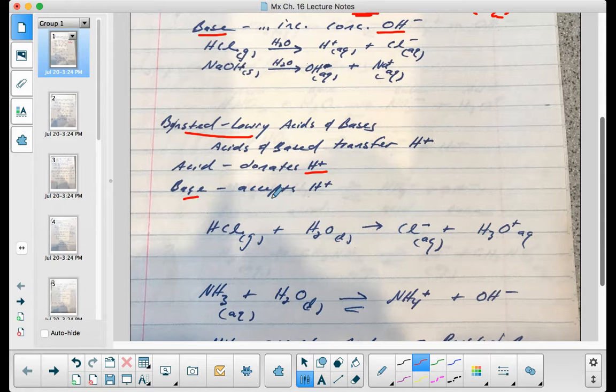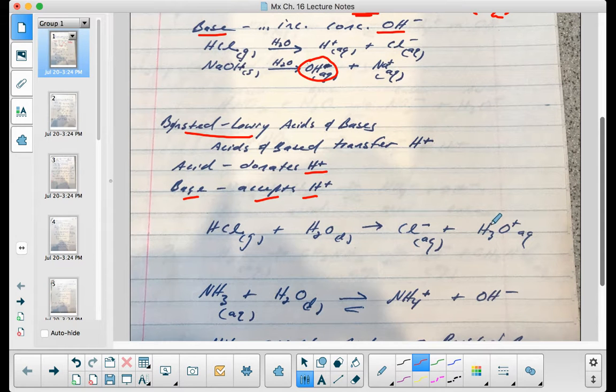A base is anything that can accept a hydrogen, whereas for the Arrhenius base, it had to have the hydroxide ion. The Bronsted-Lowry base does not.